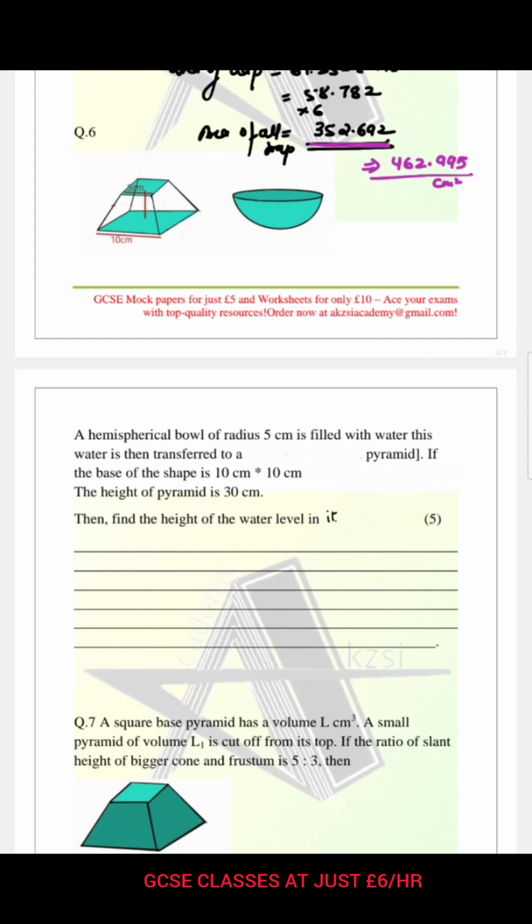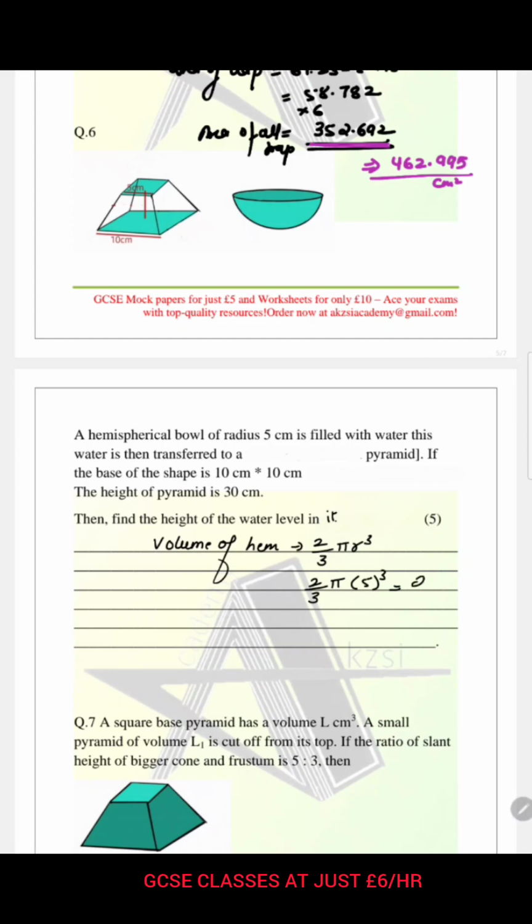So if I calculate the volume of the hemispherical bowl, I can calculate the volume of the water. So we know volume of hemisphere is 2 over 3 pi r cubed. So this will be 2 over 3 pi r cubed, where r is the radius. This will give me the volume of water.